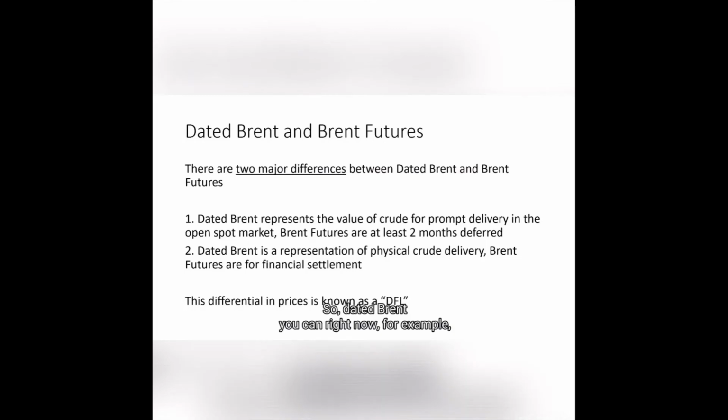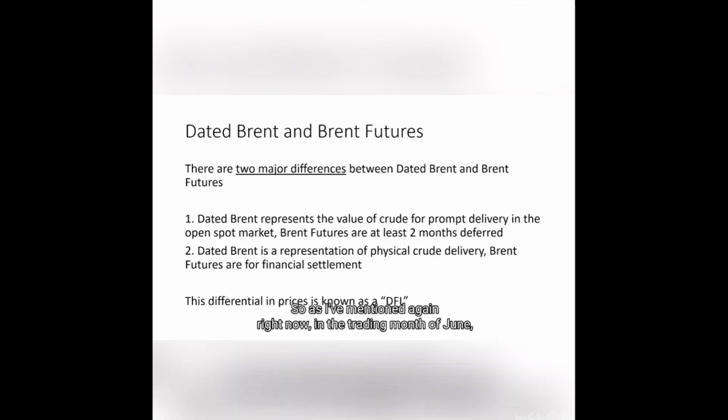For dated Brent, you can right now go into the market and trade dated Brent for today, and this can extend all the way into Cal 23, 24, wherever the liquidity will allow. Whereas for Brent futures, the earliest you can trade is 2 months deferred.